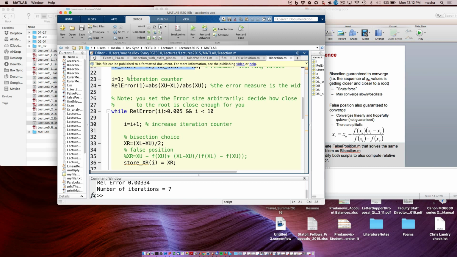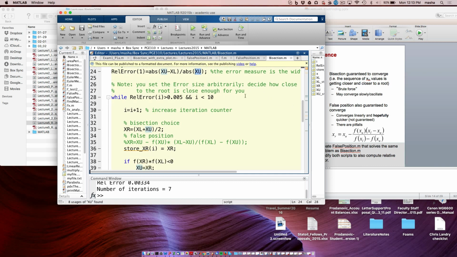So I take the absolute value of xu minus xl divided by the absolute value of xu. Basically, I'm pretending that xu is my current best estimate for the true value of the root. Since I don't have it, this is what I do. So this is my relative error that I'm measuring.